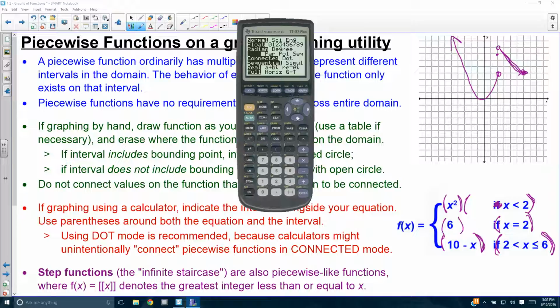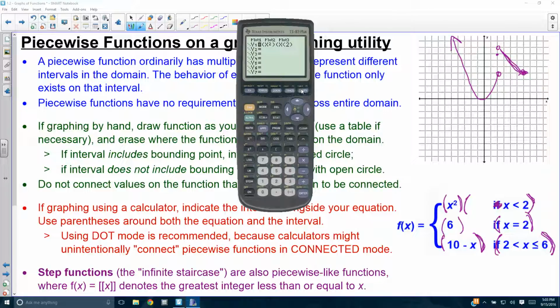Now you can do this in your y equals equations as well. Notice what's going to happen here. If I'm in connected mode and I go to y equals, you're going to see these little slash guys right here, that just shows that every point's going to connect. If I go to dot mode, right here, all of them are going to change so that they are dots. And I don't really know what intervals they go on, but you see now these are dots.